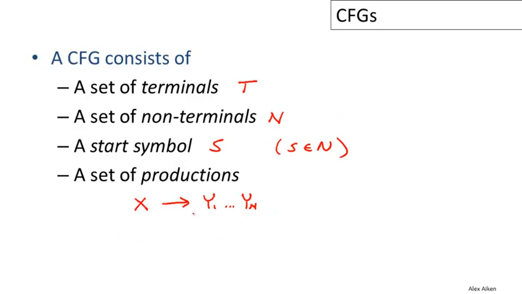There are certain rules about these symbols. The X on the left-hand side of the arrow has to be a non-terminal. That's what it means to be on the left-hand side. So the set of things on the left-hand sides of productions are exactly the non-terminals. And then every Yi on the right-hand side can be either a non-terminal, or a terminal, or the special symbol epsilon.